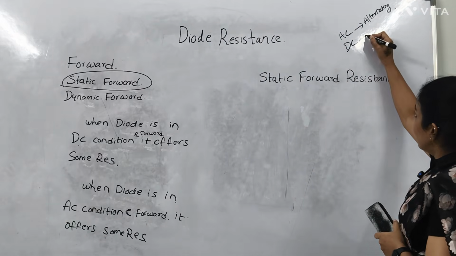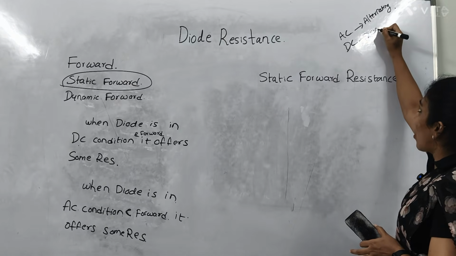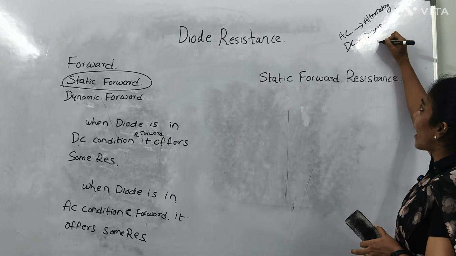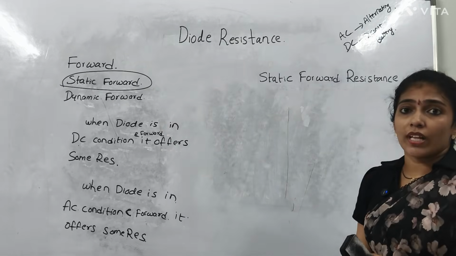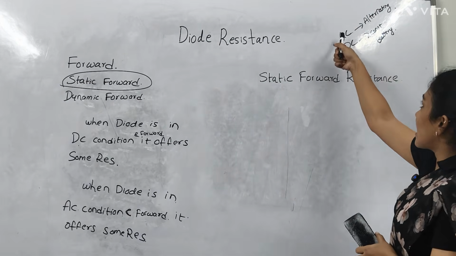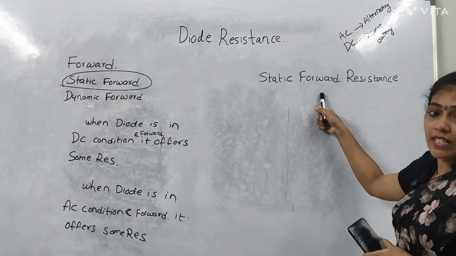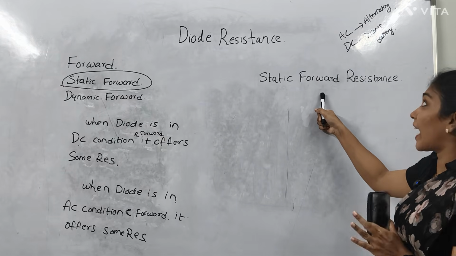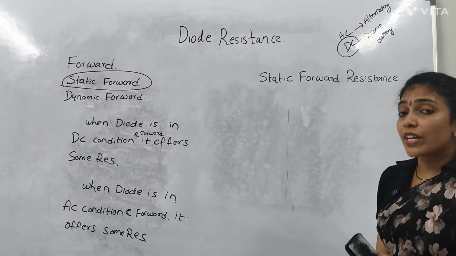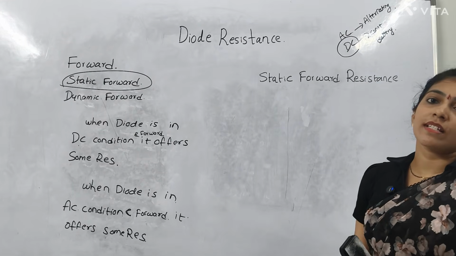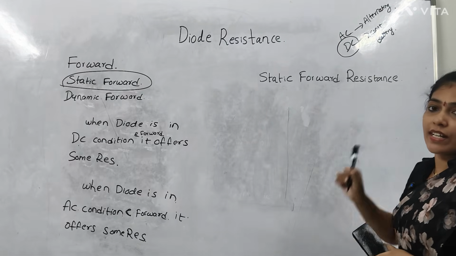DC voltage means a constant voltage, from a battery connection. So we can give two types of voltages, AC and DC. Static forward resistance is calculated only when the diode is in DC condition. When the diode is in DC condition, it offers some resistance, called the static forward resistance.